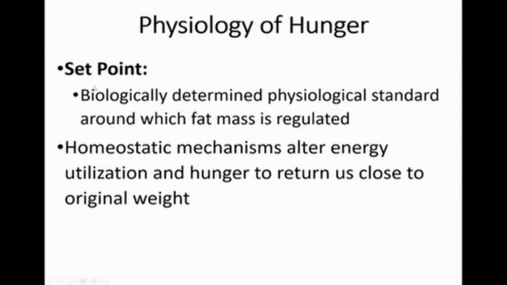And you can eventually shift that. Usually if you change, say, your diet and exercise, if you can adjust your metabolism through a lot of effort, you'll usually be able to adjust your set point, but you will have then a new set point at a different weight, and then your body will tend to sit around that weight now. So there's always a point about which our body tries to stabilize.